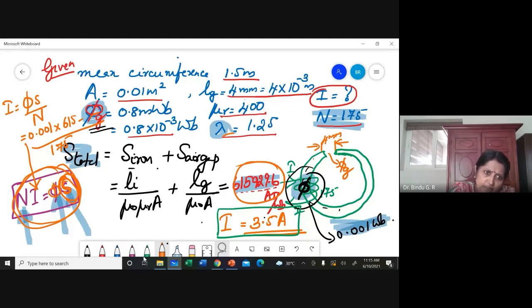You have the value of phi directly given or through the leakage factor and phi g. N will be given, and the only unknown will be I.